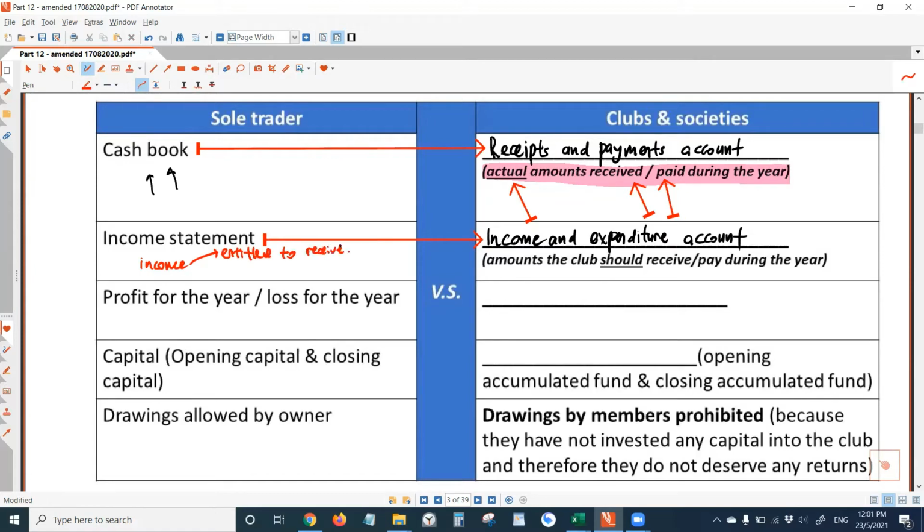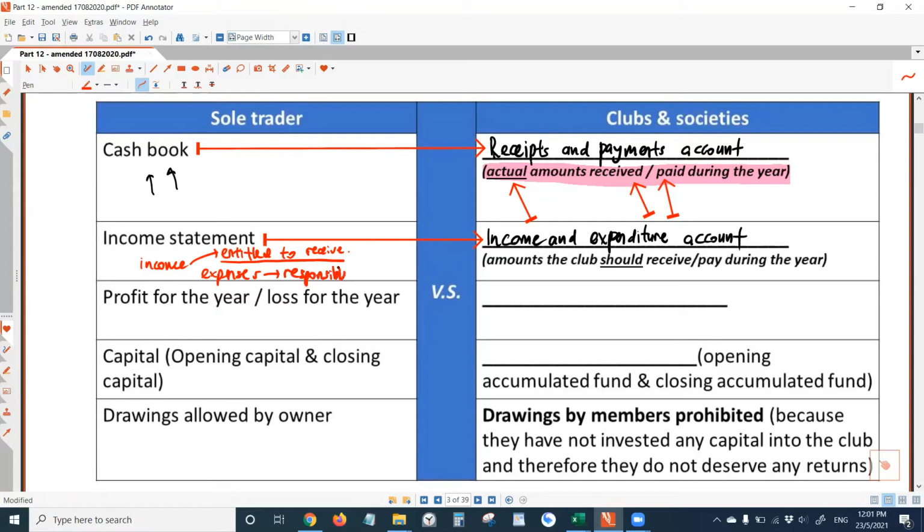In the income statement, you have two categories of items, incomes and expenses. The amount that you should show for income, I call it the income that you are entitled to receive. For expenses, it is the amount that you are responsible to pay.